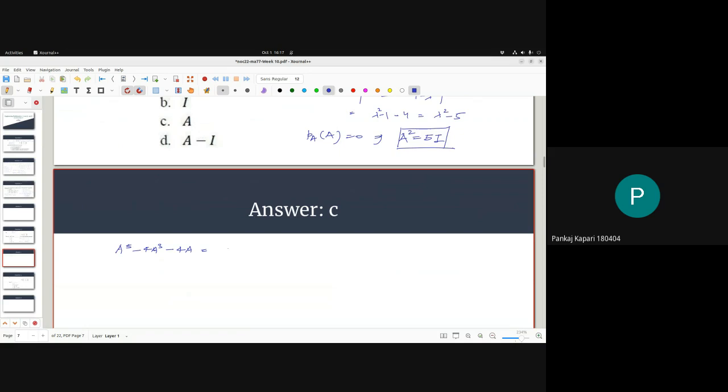So A to the power 5 can be written as A times A square into A square, 4 times A into A square, and minus 4A. Now instead of A square, we will write 5 times identity: A, 5 times identity, 5 times identity, minus 4A, again 5 times identity, and minus 4A.